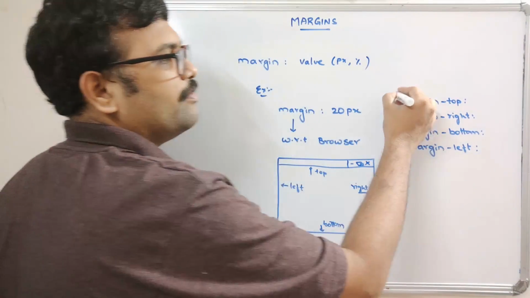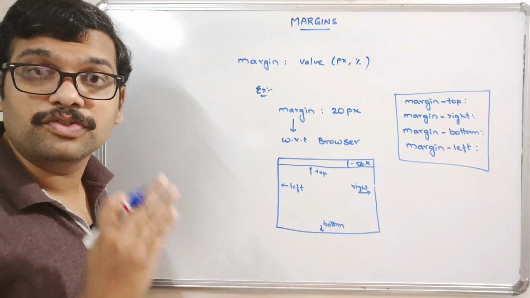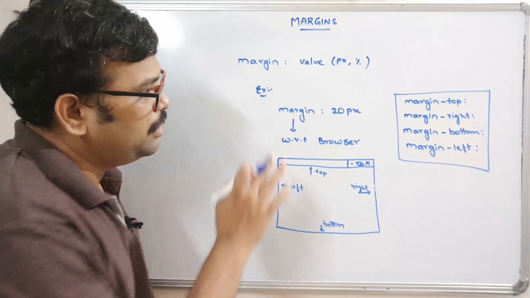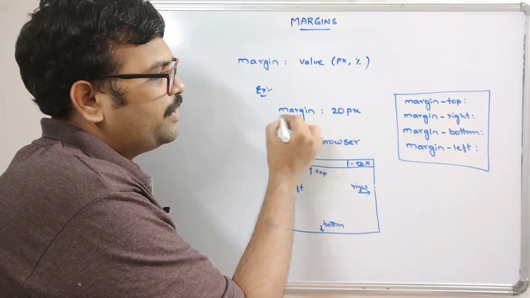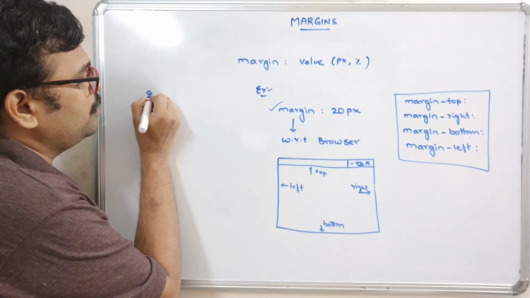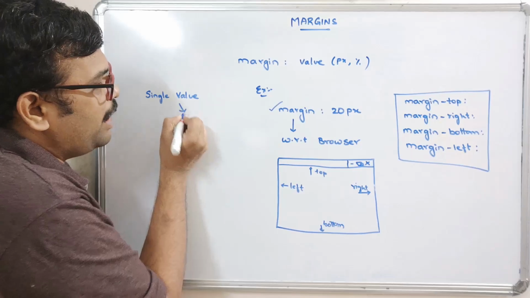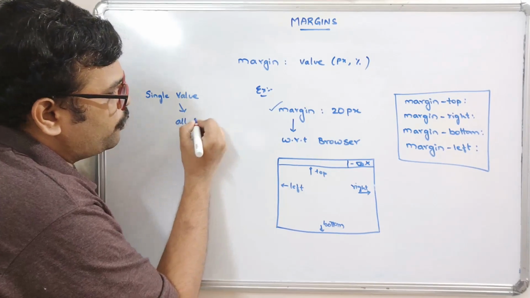So here we have four values, and we can give four different values. Commonly, if we give a single value, then this value will be applied for all four sides.